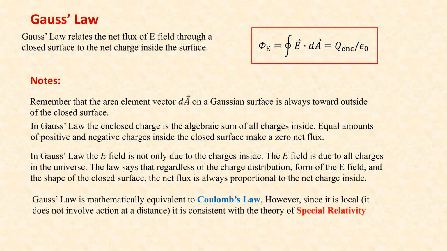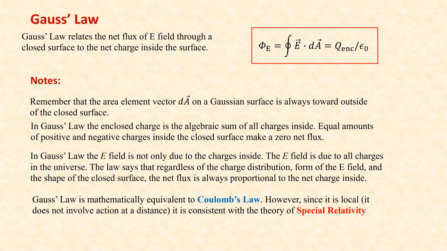Another thing is that Gauss law is mathematically equivalent to Coulomb's law. However, since it is local, it doesn't involve the action at a distance. So we call it spooky action at a distance. It is consistent with theory of special relativity. So that is the importance of Gauss law.